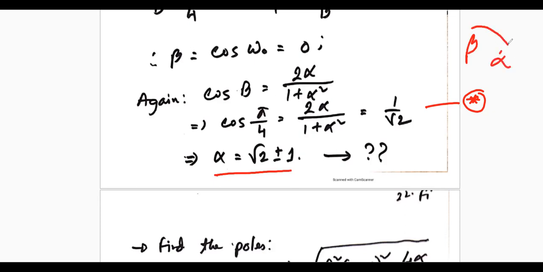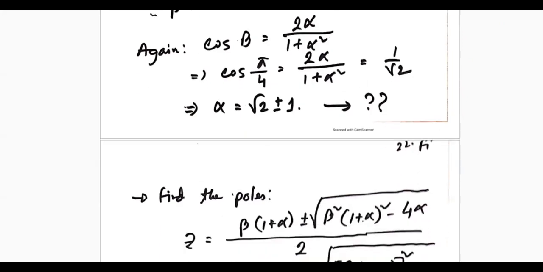Based on these two values, you can find the pole location. You have already found the value of beta, which is equal to 0. And now you have found the value of alpha, but unfortunately there are two values. So now we need to select which value we should take to find the pole location.